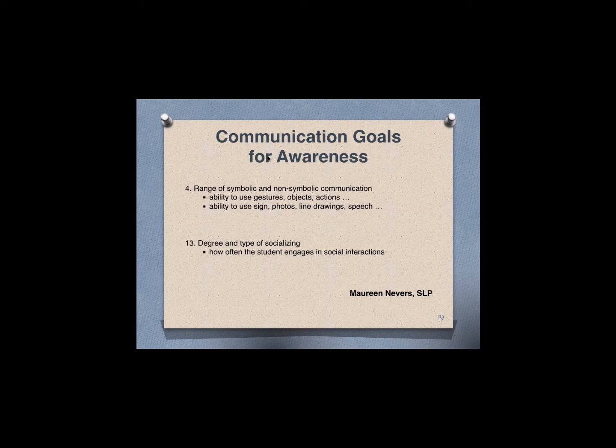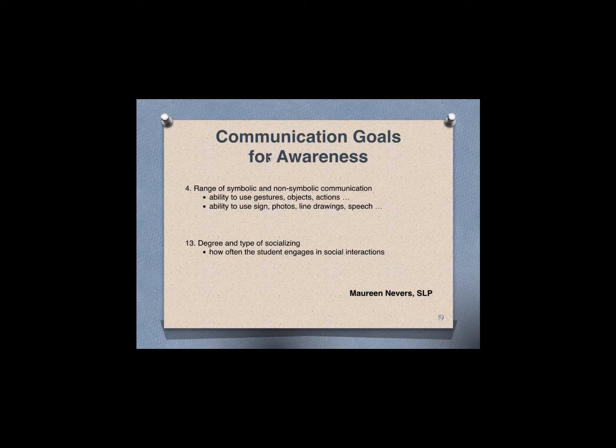But what we could see was that she was communicating that invitation to people far more often if we looked at how she was doing it multimodal rather than only seeing success if she was using her communication system. And we can set goals around the amount of social interaction our kids have.